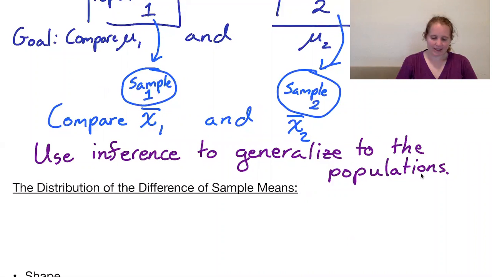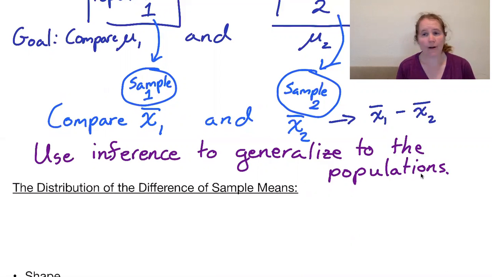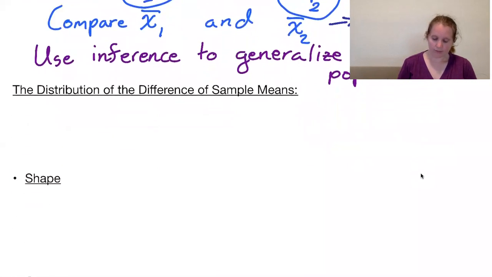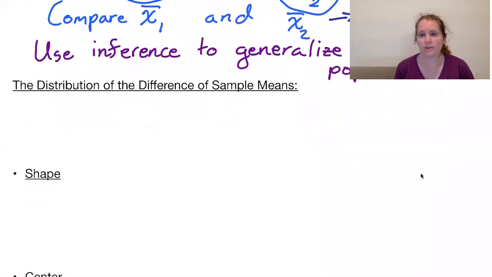So we're specifically going to study, when we compare x1 bar and x2 bar, the difference. So when we compare these, we'll look at x1 bar minus x2 bar as our way to compare. Study how far apart these two sample means are. So when we study the distribution of the difference of sample means, we are going to have two samples to consider.